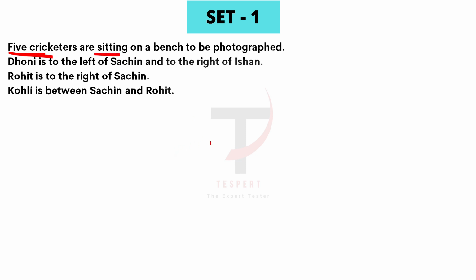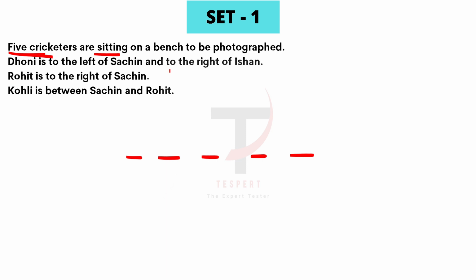Let's say we assume no direction. So 5 cricketers are sitting on a bench: 1, 2, 3, 4 and 5. You can pick up any statement which is more convenient.